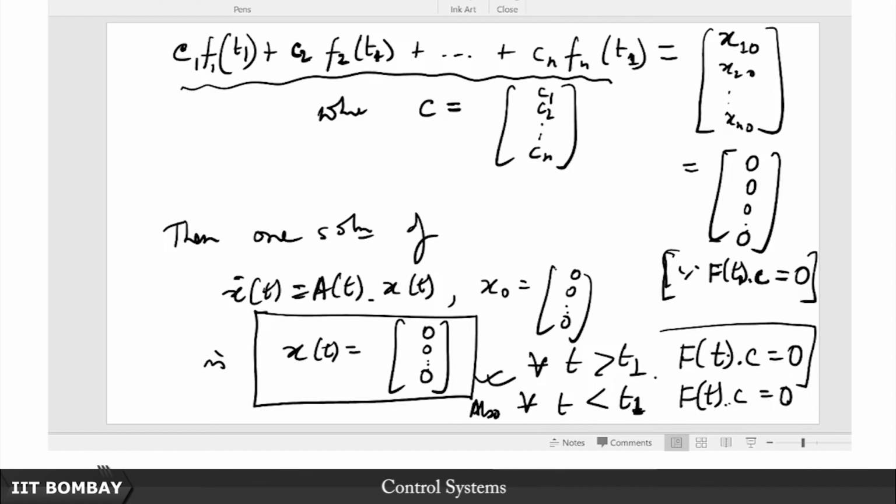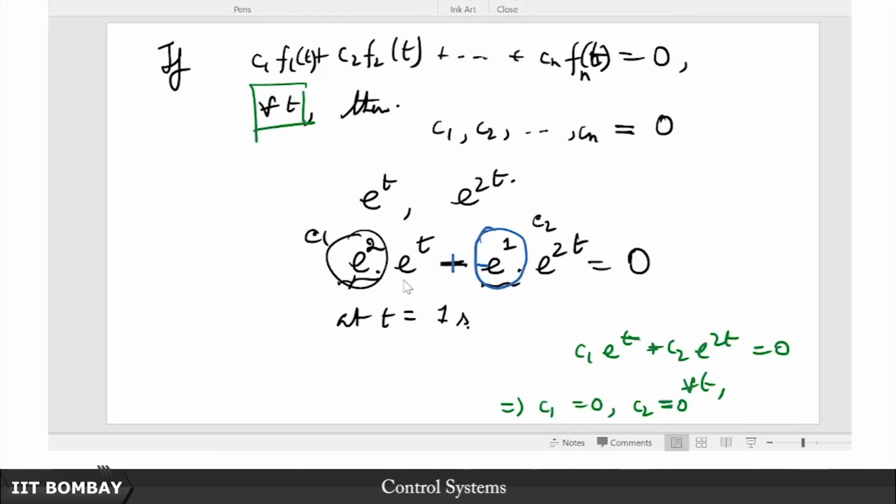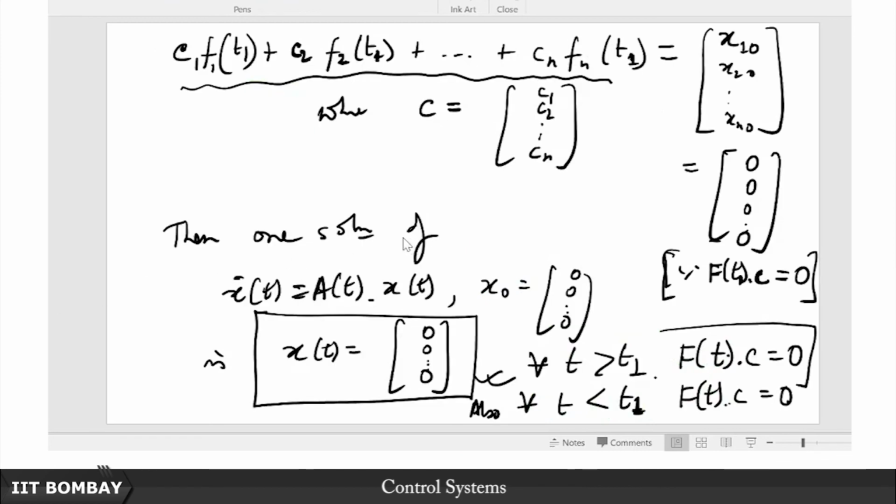But this contradicts. So this tells you that if at one point that matrix F(t) ceases to be non-singular, then it's going to be singular for every t. Unlike in the general case of functions, where it could be singular for some particular values of t but not necessarily all values of t, if those functions are these special functions that are also the solutions of this ODE, then they better be non-singular for every value of t, because the moment they fail to be non-singular for a particular value of t, you would be guaranteed to conclude that they will be singular for every value of t.